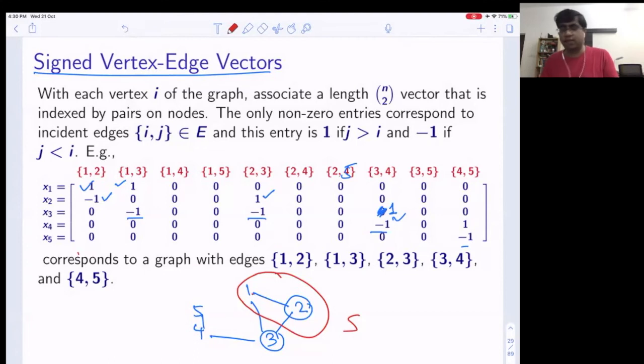What will not cancel out? If I have a vertex which is outside, then the corresponding vertex is outside, so I am not summing up that entry in that column. So for example, let's sum up 1 and 2. What am I going to get? For 1 comma 3, this will appear as 1 in the sum of these two vectors. So if I sum up these top ones, what am I going to get? Let's see.